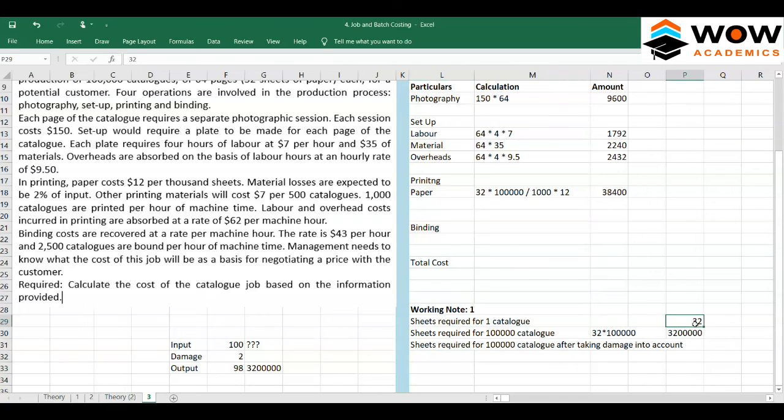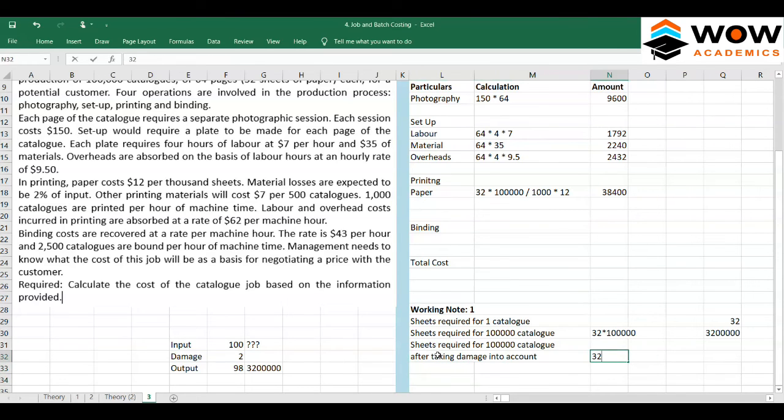So we'll try to find that. I think we'll put it here. Okay, so it would be like this.